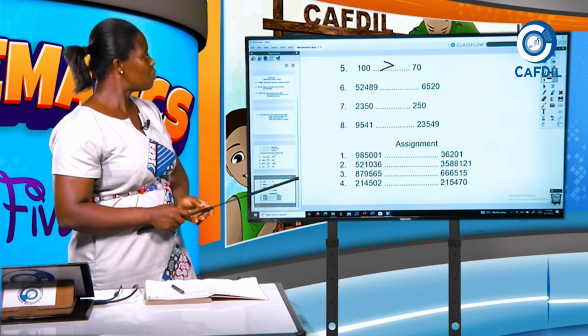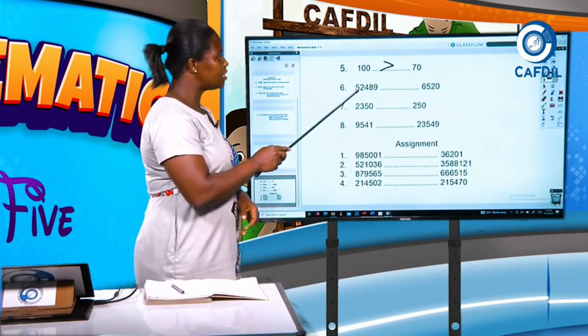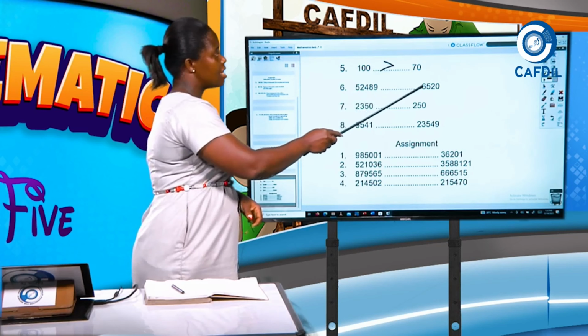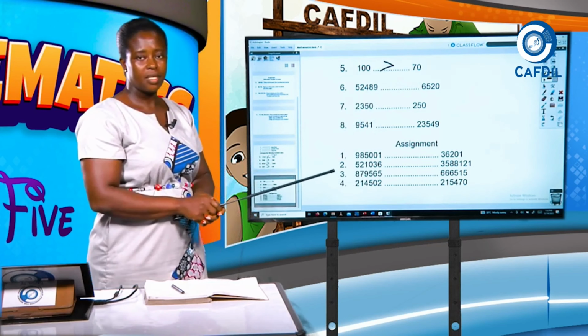You see, the reason why we compare the digits one by one, you see, the first digit here is 5, and this is 6. Someone might say that this is 5 and this is 6, so this number is greater or less than the other. No, we don't do it this way.